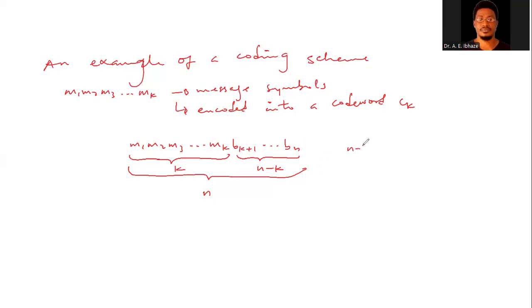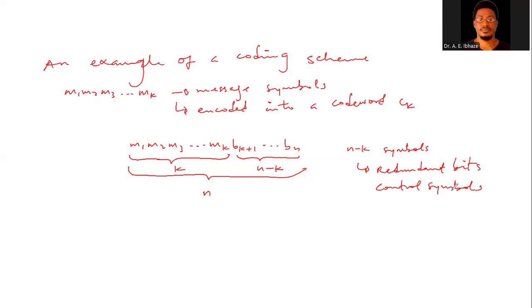So when we say the N minus K symbols, we say these are the redundant because they do not contain the information, or we could call them the control symbols. Okay?